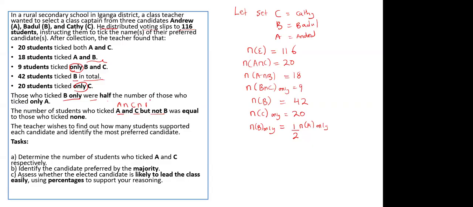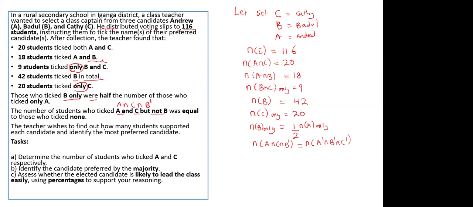So I write B prime, not B. So I'll come here and say the number of students who ticked A intersection C intersection B prime was equal to those who ticked none. Those who ticked none, we represent by A prime intersection B prime intersection C prime.